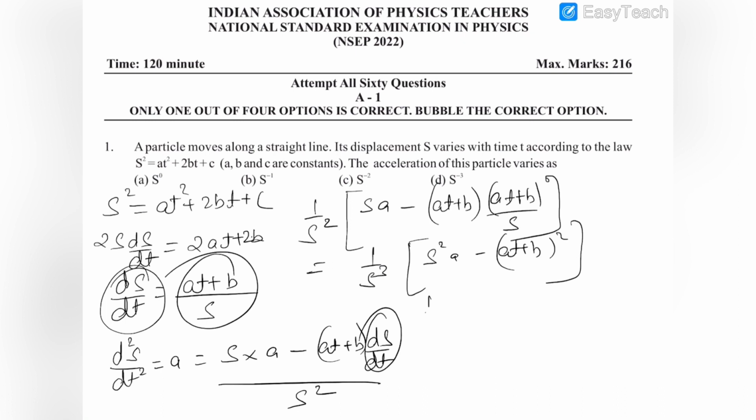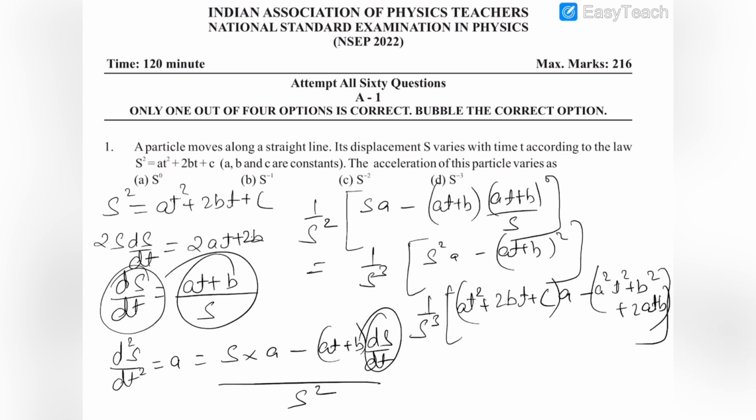Now you can substitute the value of S square, which is AT square plus 2BT plus C into A, minus, opening the square, A square T square plus B square plus 2ATB.